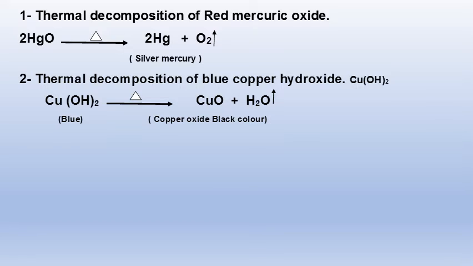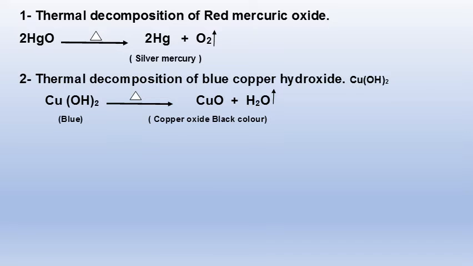And OH is an atomic group that is called hydroxide. So when the atomic group takes a valency, I must put the atomic group between two brackets. This means that I have 2 oxygen and 2 hydrogen here. Okay? The thermal decomposition of blue copper hydroxide.